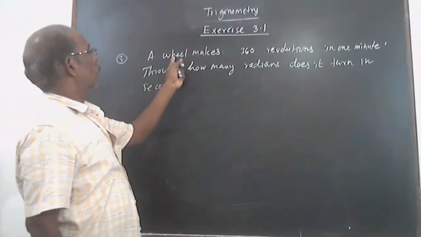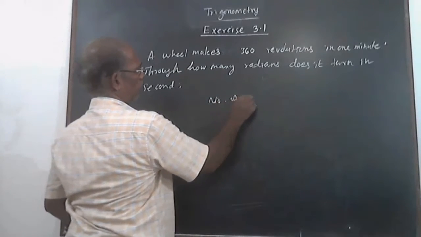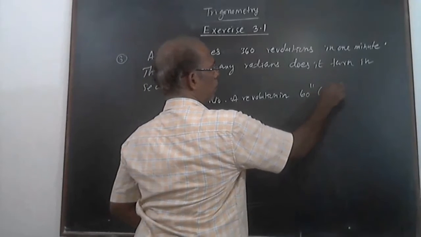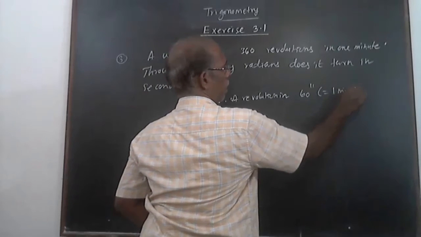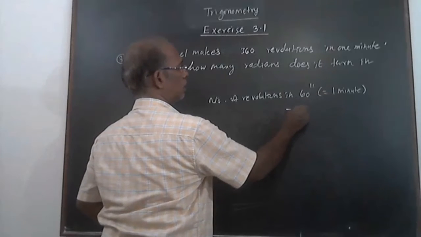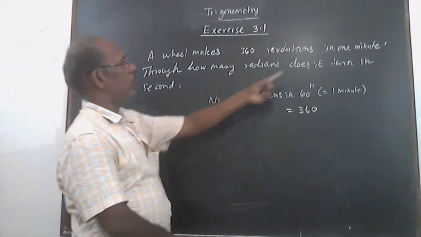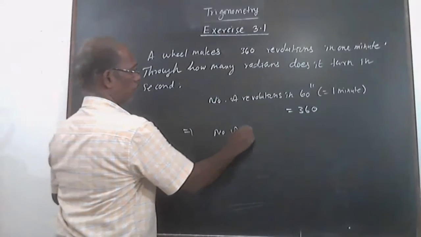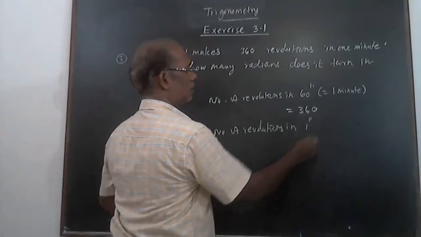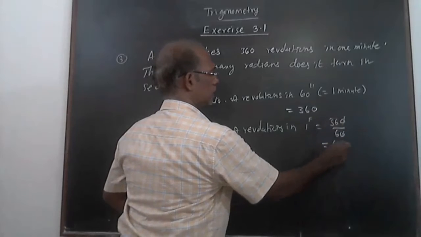From the data, 1 minute means the number of revolutions in 60 seconds, equal to 1 minute, is 360. But we need the number of revolutions in 1 second, and this implies the number of revolutions in 1 second is equal to 360 by 60, which is 6 revolutions.